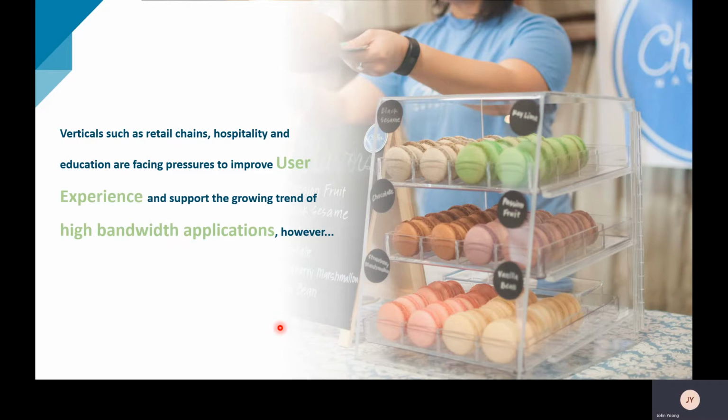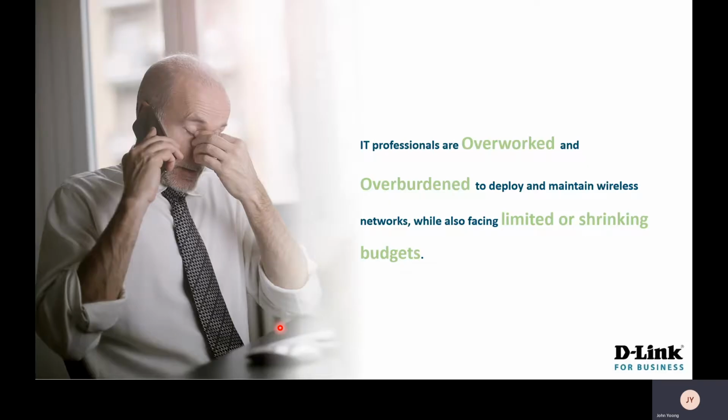Once you increase the APs, you also need more switches to provide PoE. However, for IT administrators it's overwork, because they need to manage so many APs by IP address, and switches as well. And even if the company has the budget to purchase all these solutions.